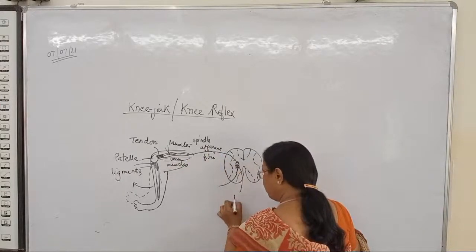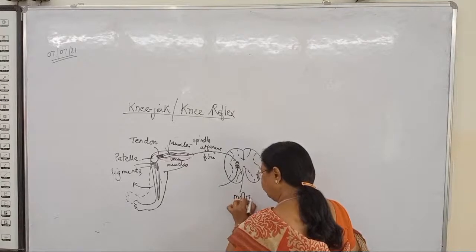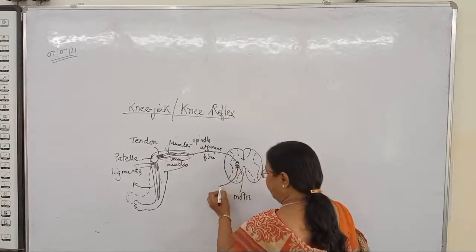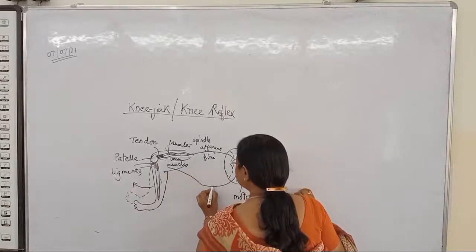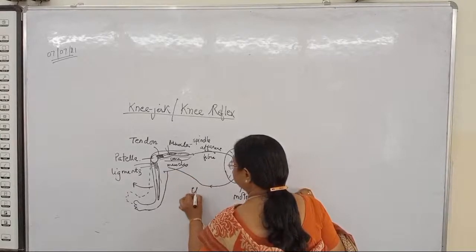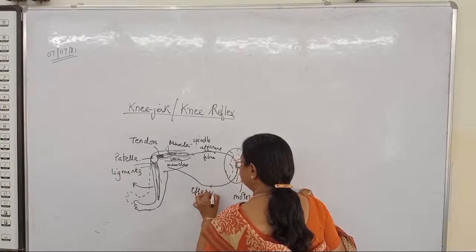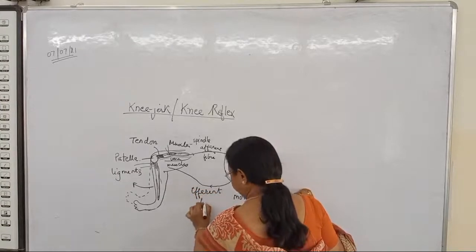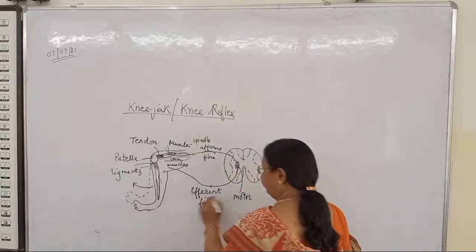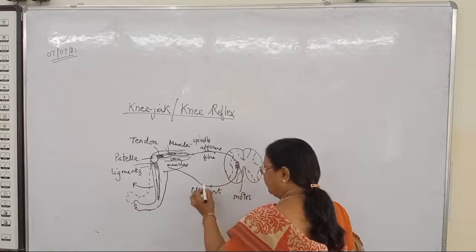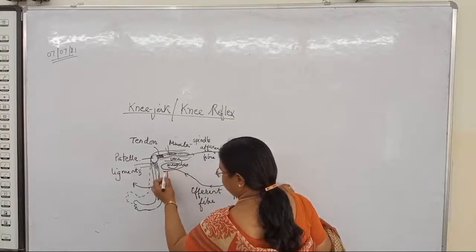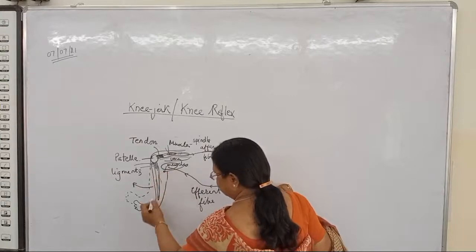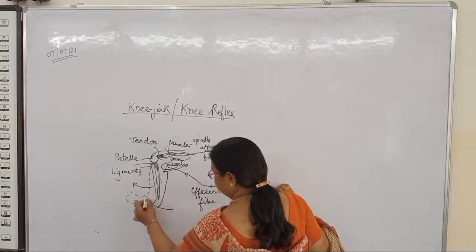This is the motor neuron that is stimulated by this, and then it sends its message through the efferent fiber. It allows the muscle to contract. When it contracts, you will see the movement.